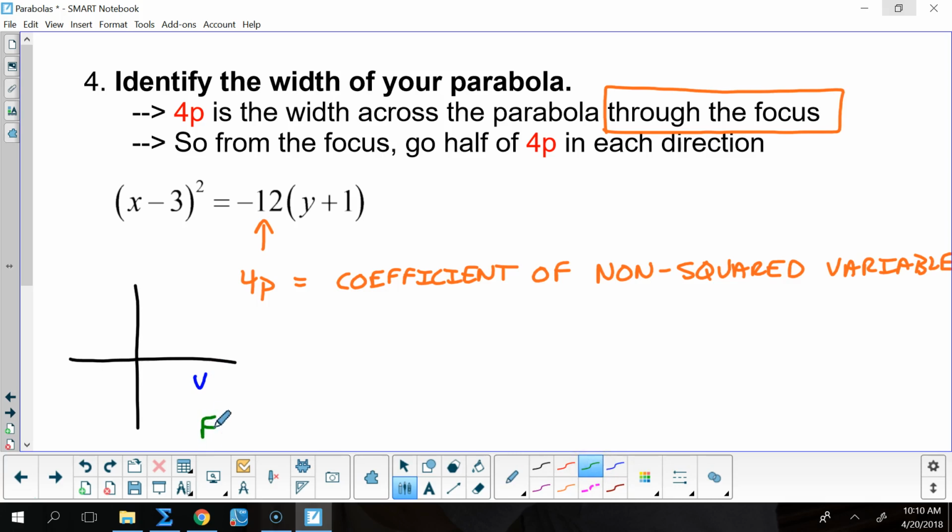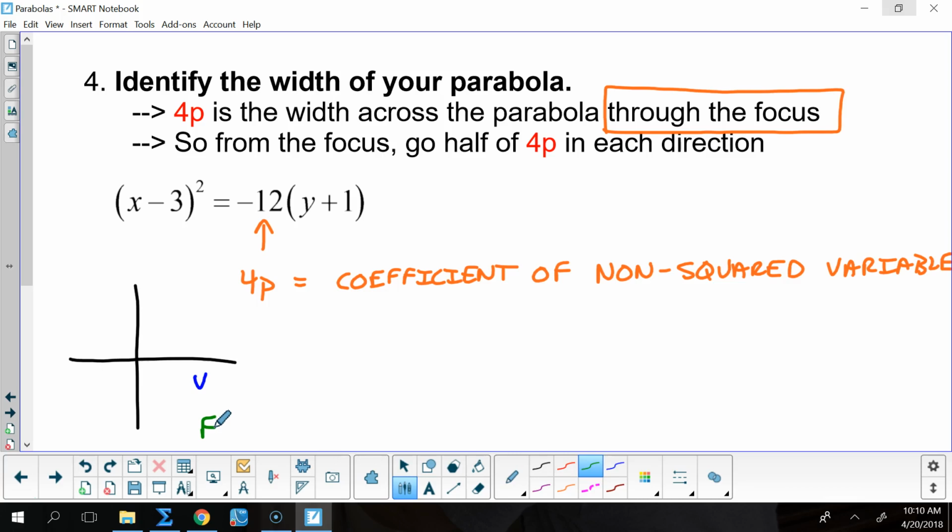Because my parabola is 12 wide through the focus, I've got to go equal distances each way. So I have to go 6 each way. 12 divided by 2 is 6.